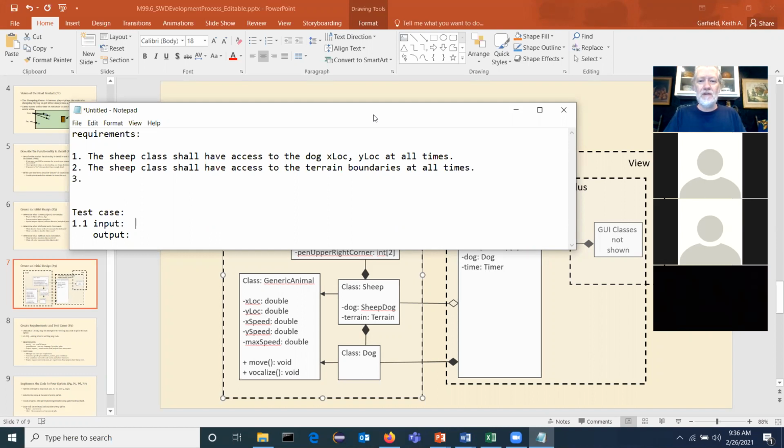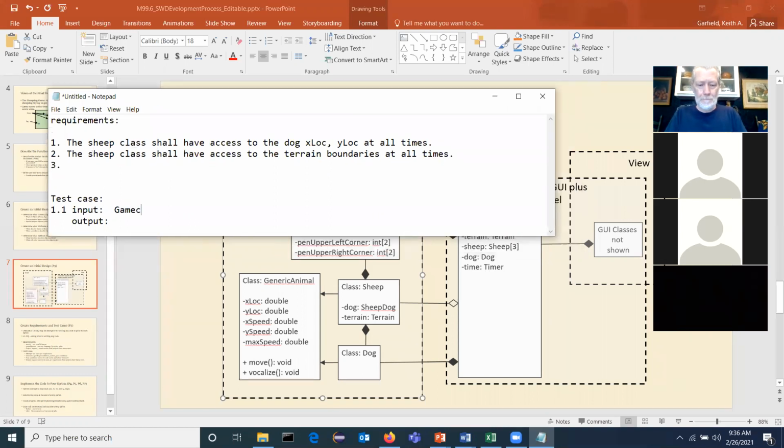I'm covering up my stuff. Game controller. What did we call this?